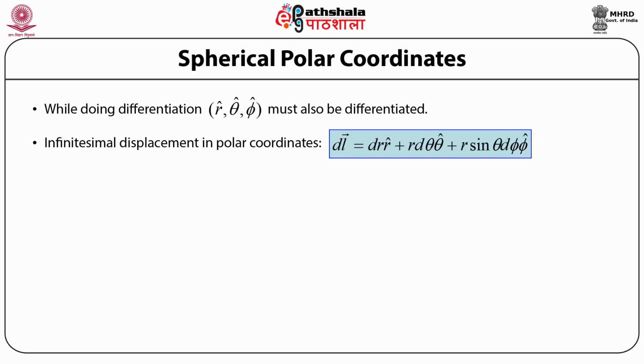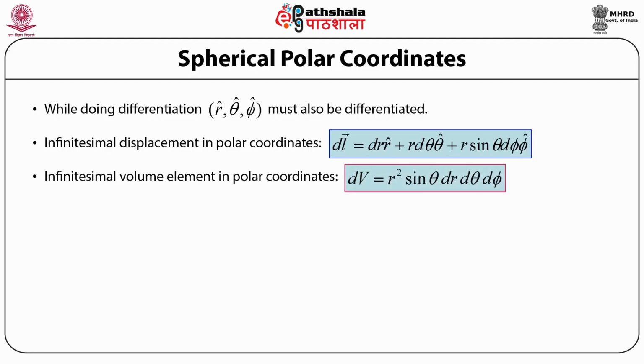Thus, in this manner, we have defined an infinitesimal displacement in the spherical polar coordinates, where dr, d theta and d phi are the infinitesimal displacements in the spherical polar coordinate system.